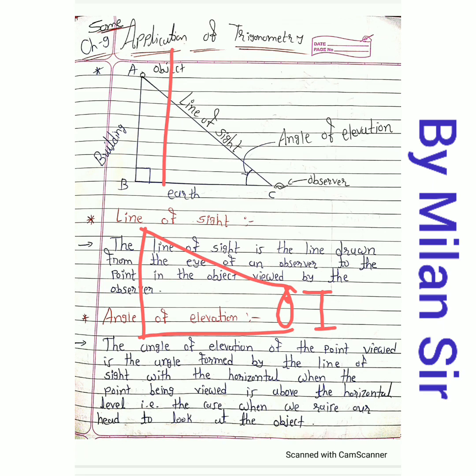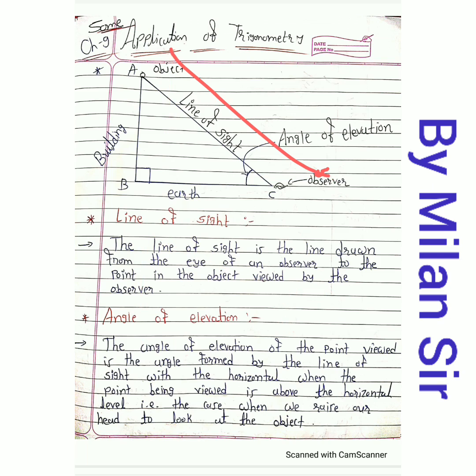But sometimes the height of the person is not given. At that time we ignore that height, because compared to the height of a building, the height of a person is very small. That's why where the height of the person is not given, we neglect it. But if the height of the person is given, we consider it.